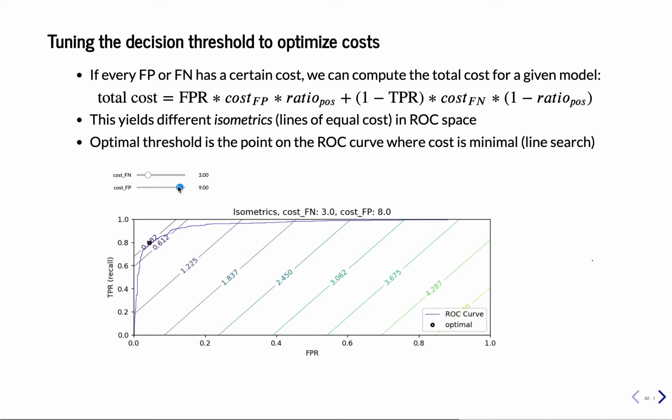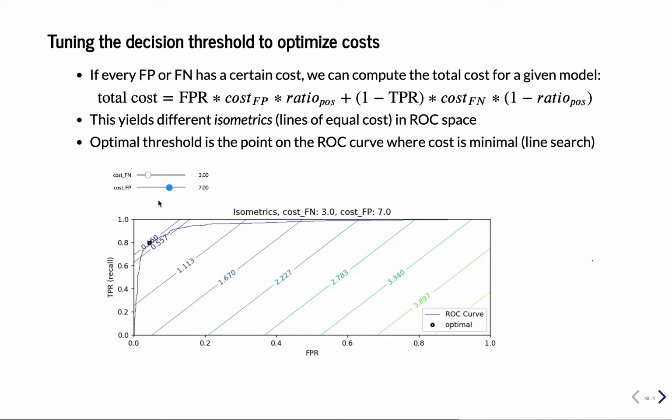So the higher we make this, the threshold will change to a point where this cost is lowest for this trade-off in cost. You can basically set a certain trade-off between false negative cost and false positive cost, and then you do a line search over all possible thresholds, and you find the one that has the lowest value.